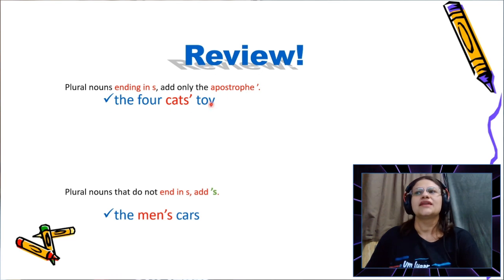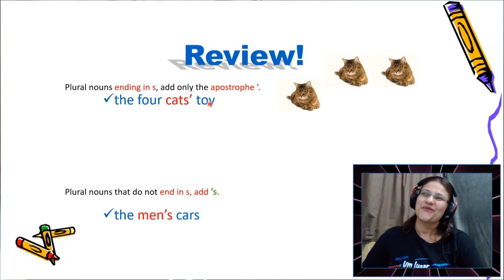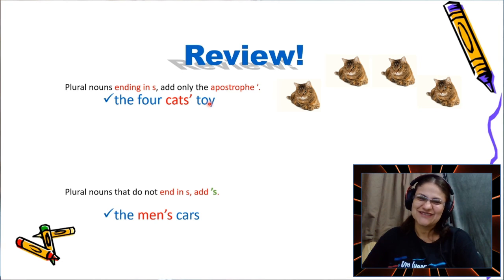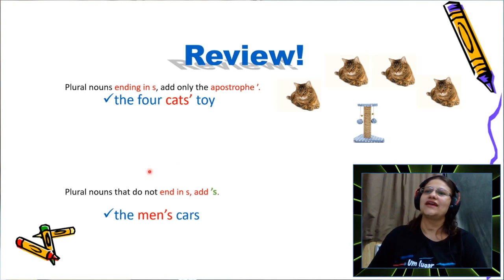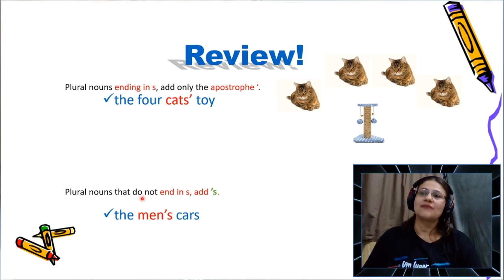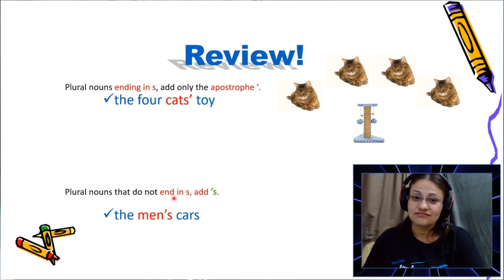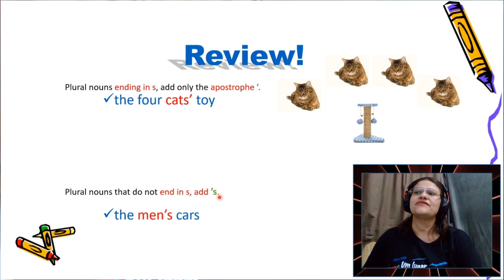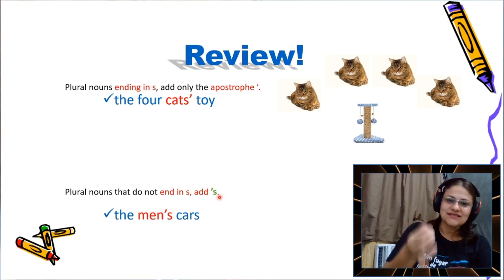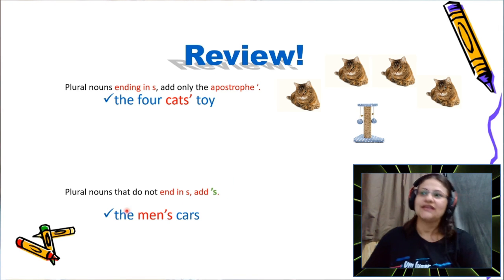The 4 cats' toys. 1, 2, 3, 4 cats, so cute. And 1 toy for 4 cats, okay? And for plural nouns that do not end in an S, I add apostrophe S, like a singular noun.